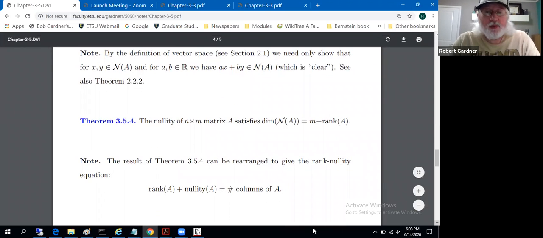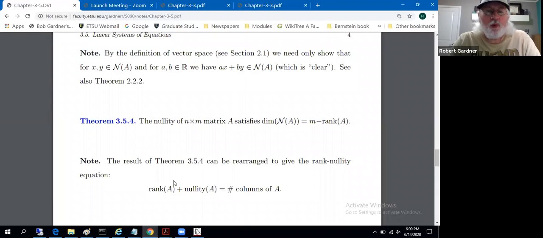A claim about the null space, something we'll come to at some point: the nullity of an n by m matrix A satisfies nullity of A equals m minus the rank of A. And remember, m is the number of columns of A. We'll go through a proof of that shortly.